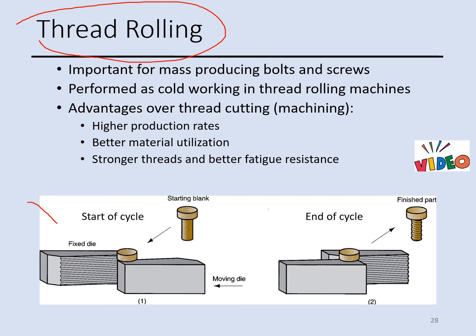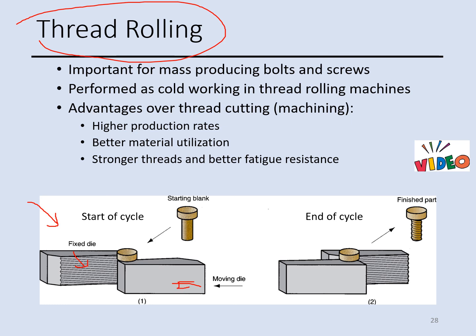In this picture, the process is shown for you. The process is used to form threads on cylindrical parts by rolling them between two dies. As you see, we have two dies. One is fixed, this one, and this one is moving.